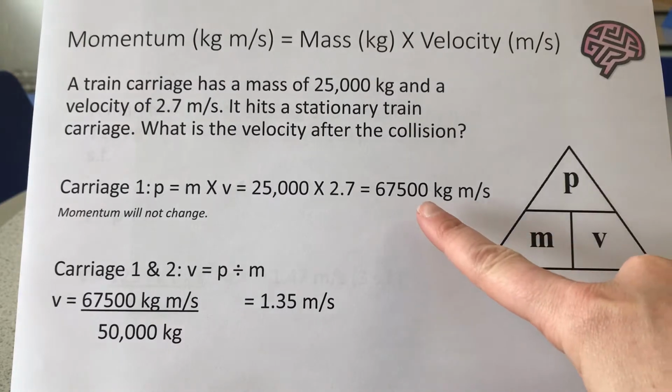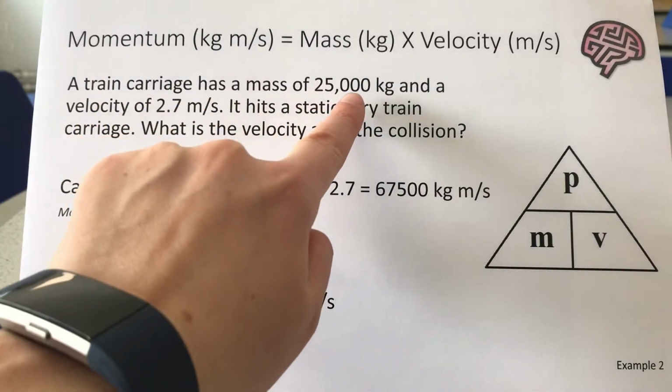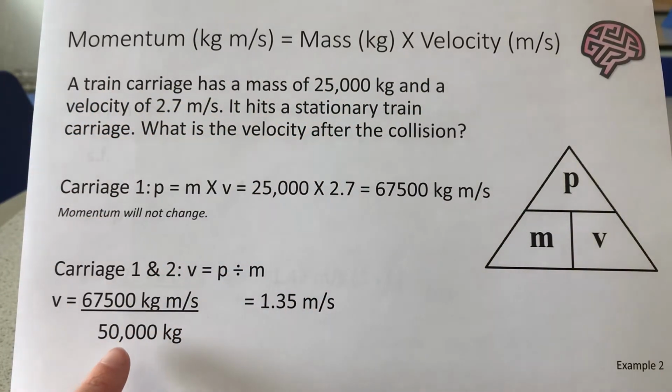We've just worked out the momentum and we've now got two carriages, so the mass has doubled. One carriage was 25,000 kilograms, two carriages 50,000 kilograms. So there's the momentum divided by the total mass of the two carriages, and that gives us 1.35 meters per second as the final velocity.